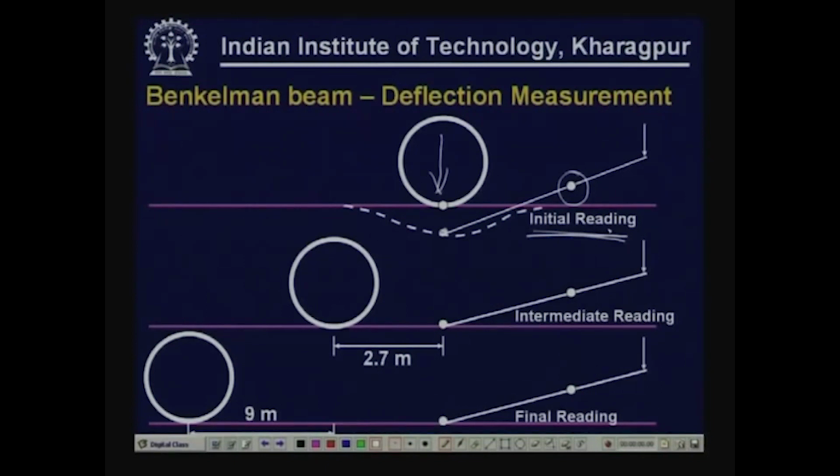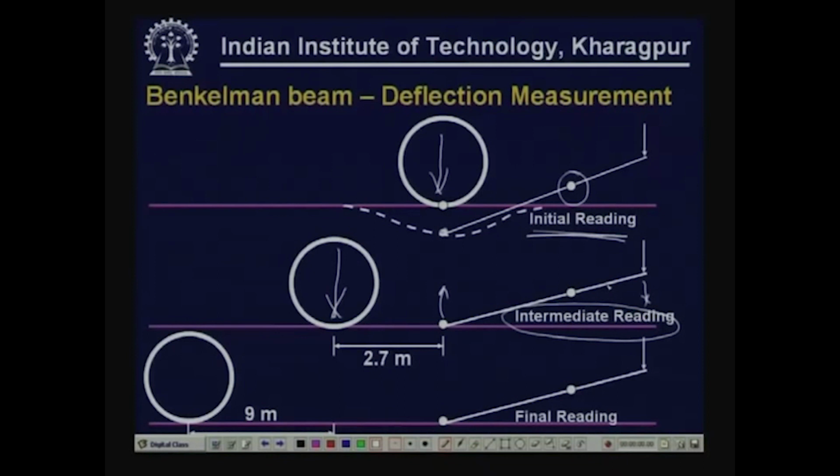When the load is moved to a distance of 2.7 meters, it rebounds. It may or may not fully rebound. So, it rebounds like this, and the corresponding intermediate reading is noted.